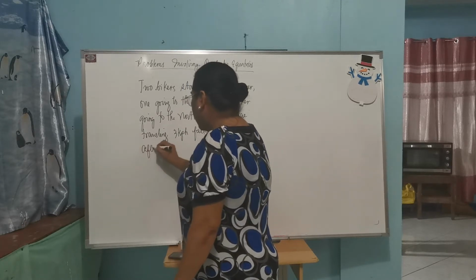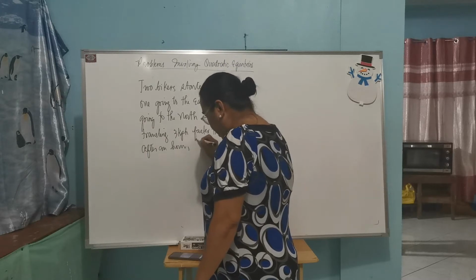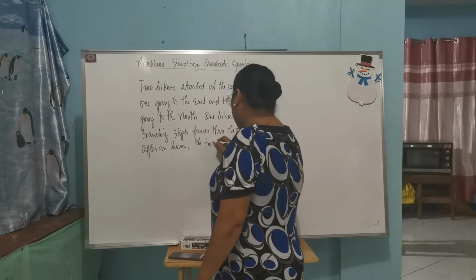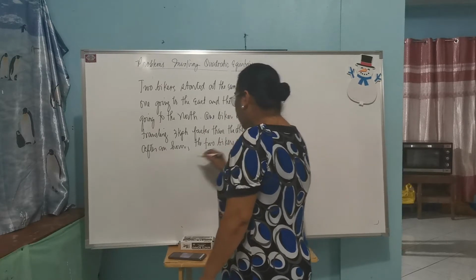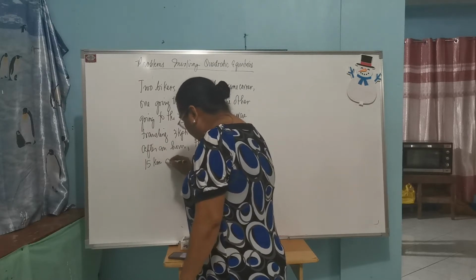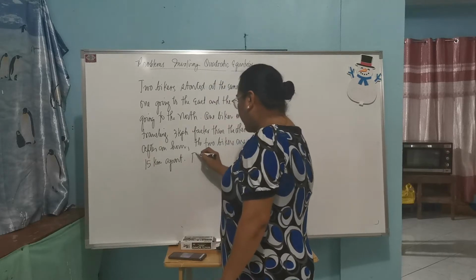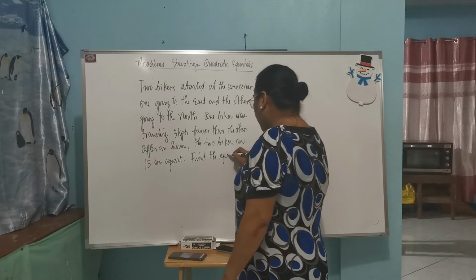After an hour, the two bikers are already 15 kilometers apart. So what we are going to look for, we are going to find the speed of each of the bikers.